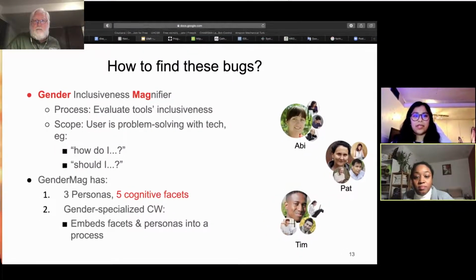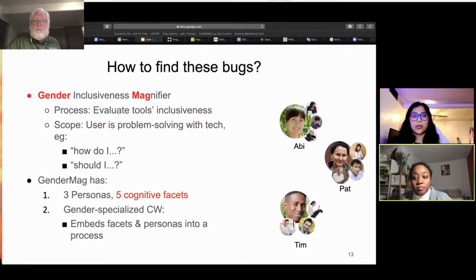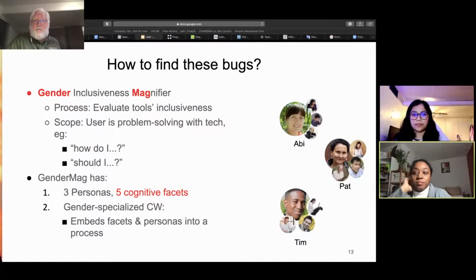So we focus in on a user who's problem solving with tech. Maybe they're asking questions about how do I do this or should I do that? And by focusing in on their problem solving process with the technology, we can find places where they might struggle to use the technology, where they might run into bugs.